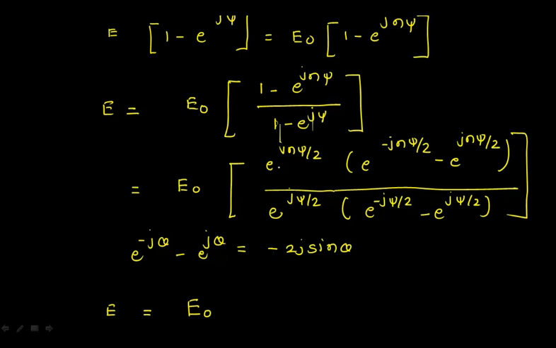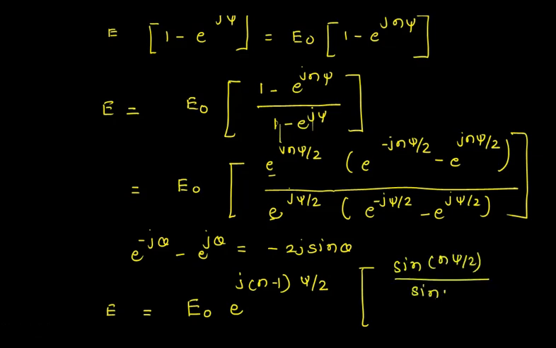Now I need to take care of this term because I have received this in sine form. So you can take j psi by 2 as common, and this will be n minus 1. So this equation will become e raised to j (n minus 1) psi by 2, and this will be sine of n psi by 2 divided by sine of psi by 2.